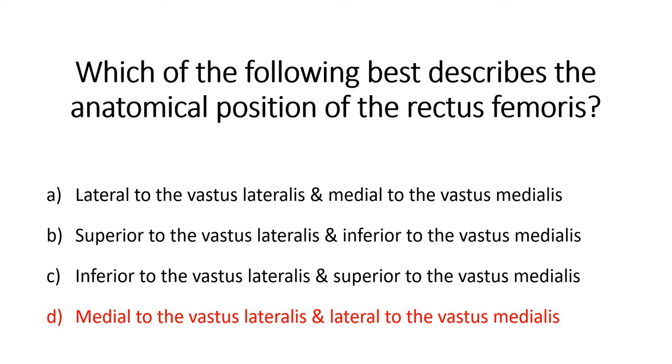The rectus femoris is one of your knee extensors, but also functions as a hip flexor, and as I believe we've discussed before, you can actually palpate the tendon of your rectus femoris by finding the anterior superior iliac spine on the front of your pelvis. We have one on each side.